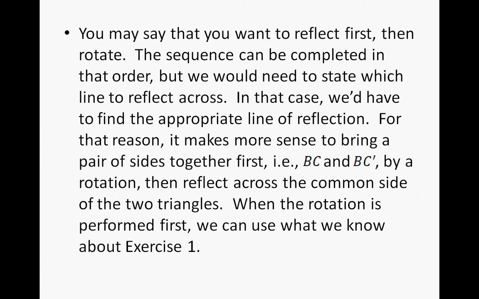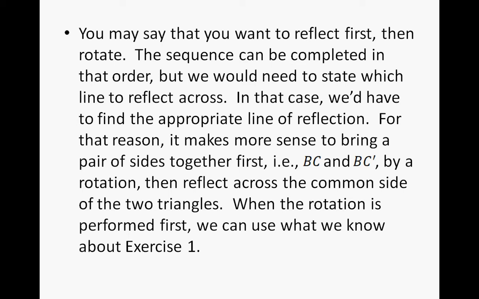You may say that you want to reflect first and then rotate. The sequence can be completed in that order, but we would need to state which line to reflect across. In that case, we have to find the appropriate line of reflection. For that reason, it makes more sense to bring the pair of sides together first, in this example BC and B prime, C prime, by a rotation, and then reflect across the common side of the 2 triangles.